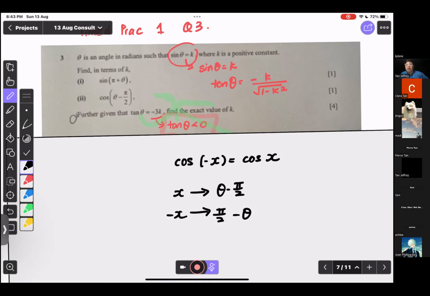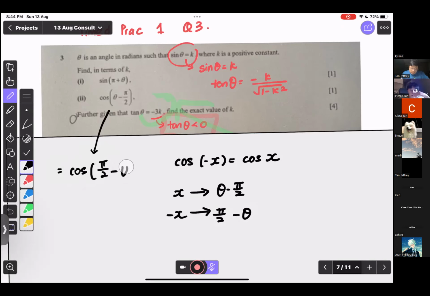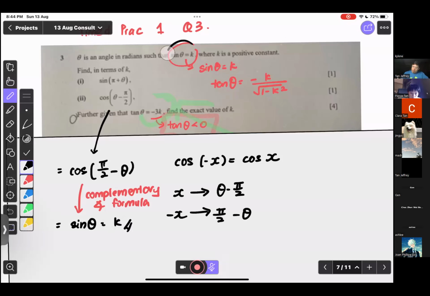Can I also say that this is the same as sine of pi over 2 minus theta? Then after that, we use the complementary angle formula. Complementary angle formula tells us that cosine of 90 minus theta is the same as sine theta. Therefore, it is just k, which is from the question.